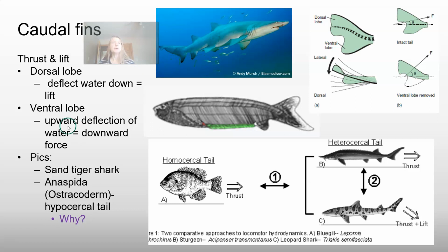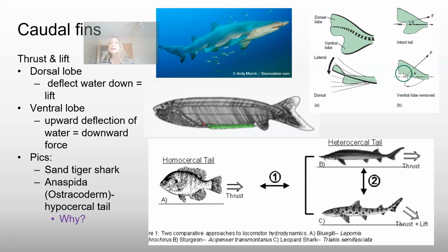The ventral lobe is going to do this upward deflection of water that would make the shark or fish go downward. So here we can show in this figure, I'll kind of walk you through this. So in an intact shark tail, basically you have this dorsal lobe that's deflecting the water down, creating lift, so the force is going up, and it also is producing thrust. We have this smaller ventral lobe that helps us from going up too much.